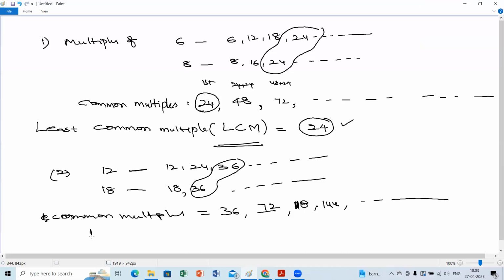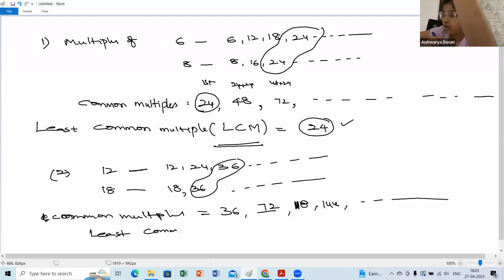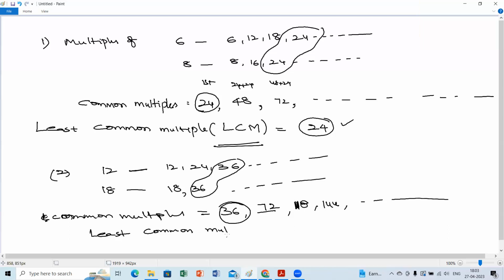Come on, what is the least one among these? 36. The least one is 36. So the LCM of 12 and 18 is 36.